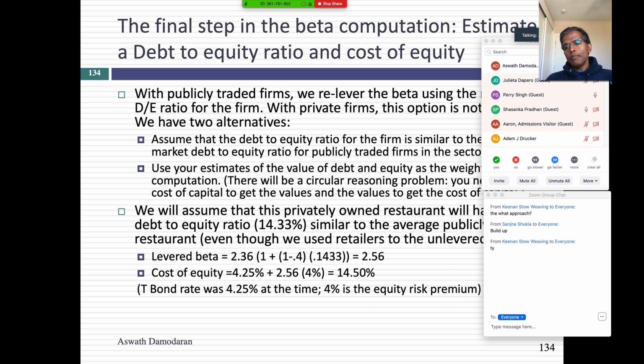Thanks. Derek? Go ahead. Shashanka, Prairie, either of you. So when you are scaling up the beta, you are essentially extrapolating the market risk. But different companies would have different individual company risks. Yeah, but if you're a diversified investor, you set a price for risk based on per unit of risk.